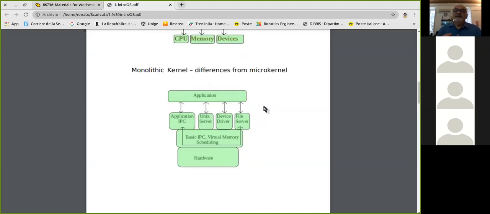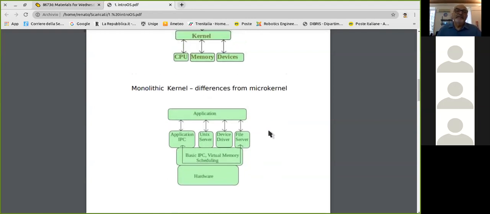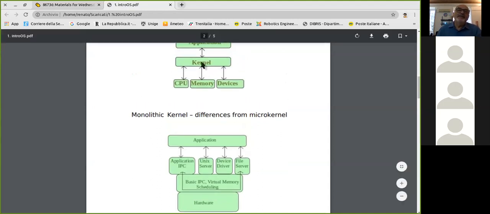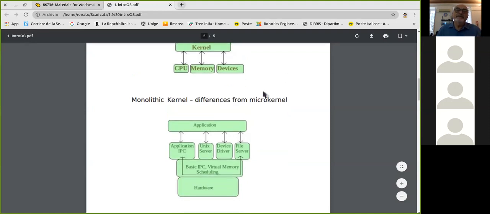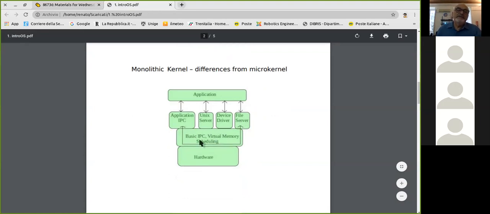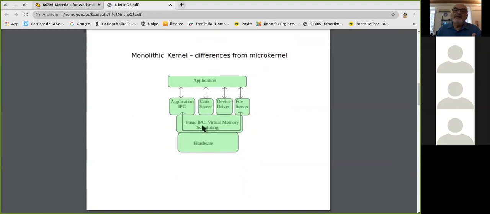At the opposite, there is another philosophy that says no, it's better to have a so-called monolithic kernel. The monolithic kernel is a generalization of the microkernel because the kernel also includes many other functions, in particular file server, so all input-output, and this is the first time we see the IPC acronym, and we will find it many times, and it means inter-process communication.